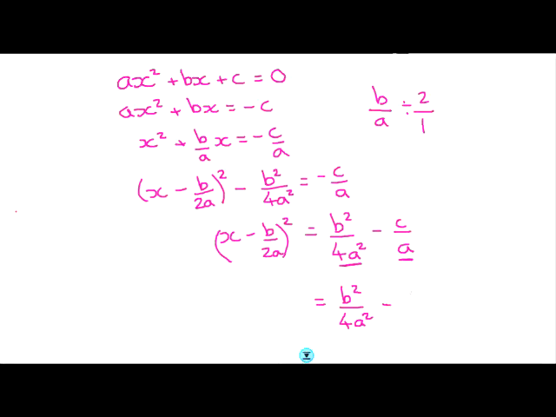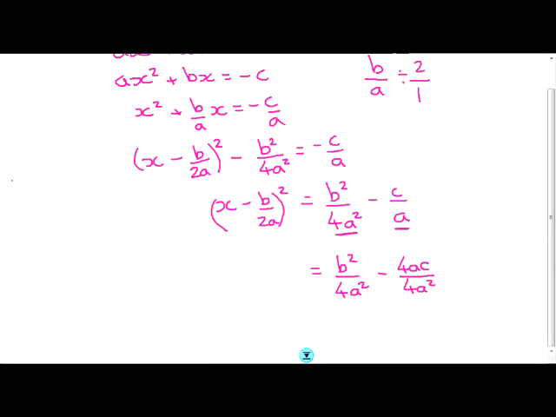If we multiply this one by 4a, we'd have 4ac over 4a squared.